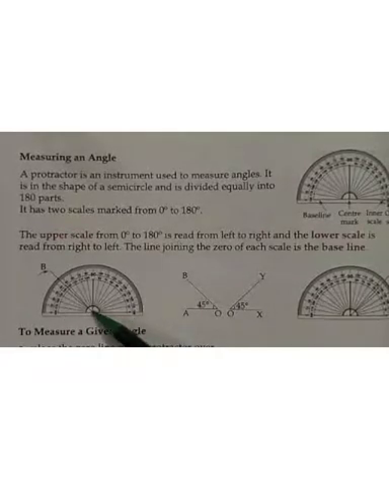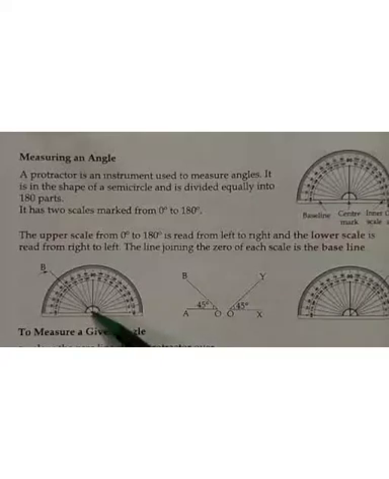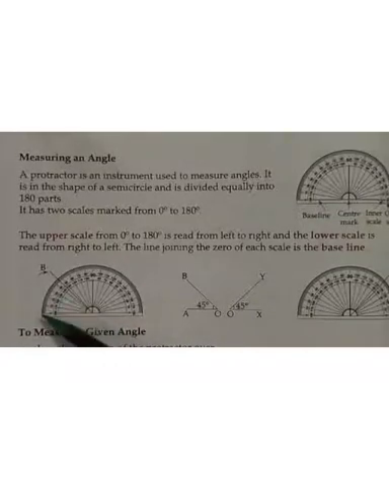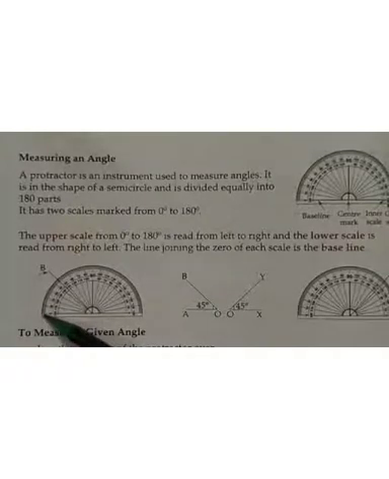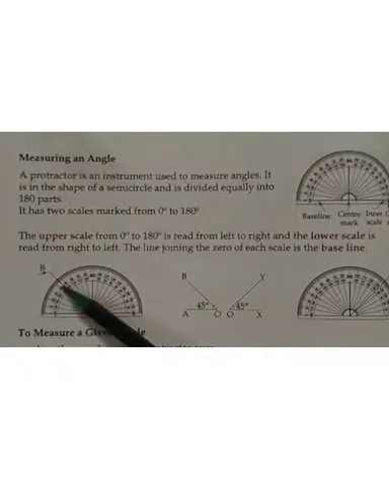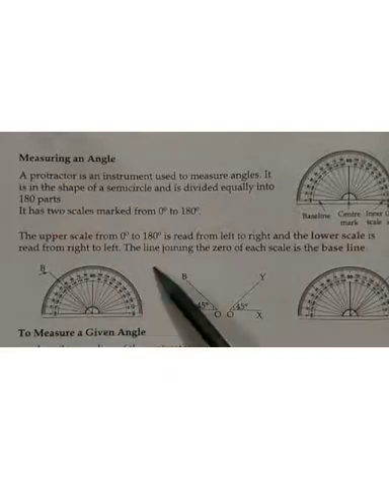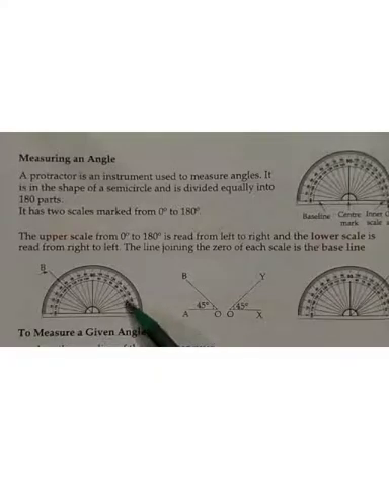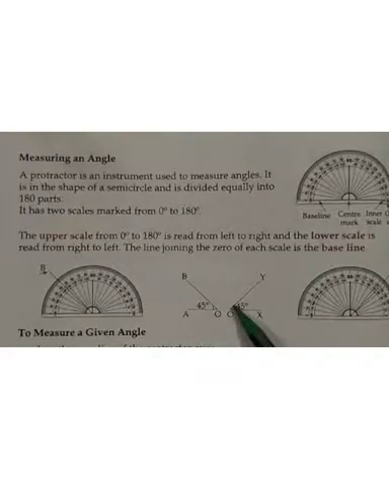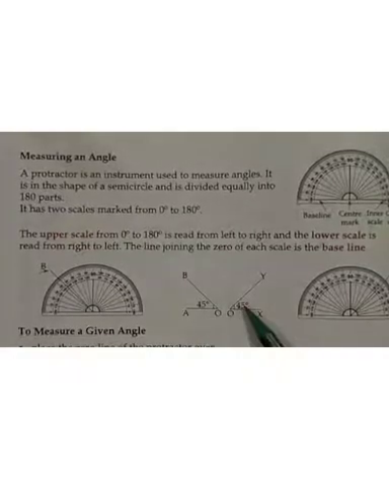Then mark the point here and draw from here. Starting at 0, you count 45 degrees, then draw this side of the angle. You count 0, 10, 20, 30, 40 and 45. You can count from here and also from here; both sides can be used.